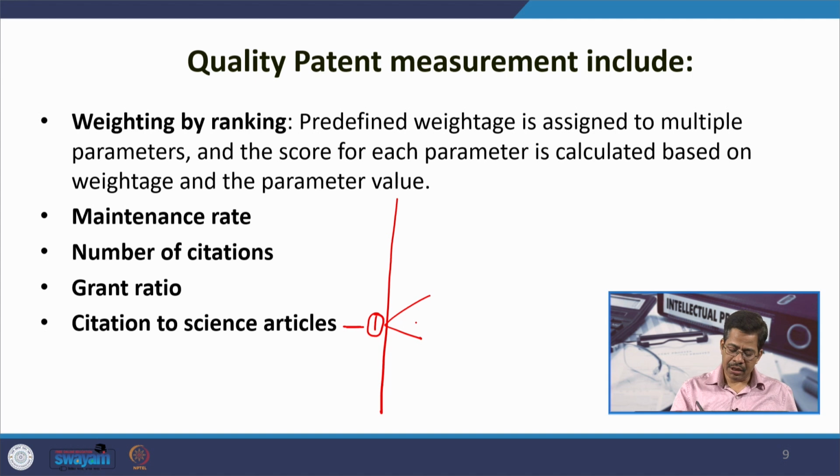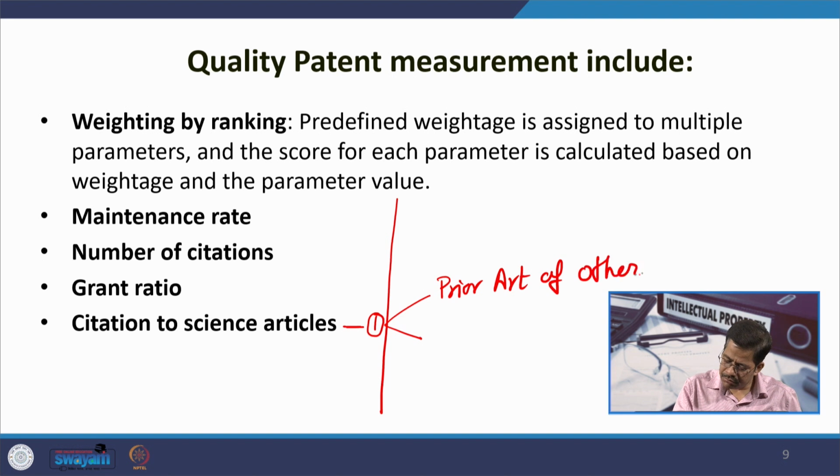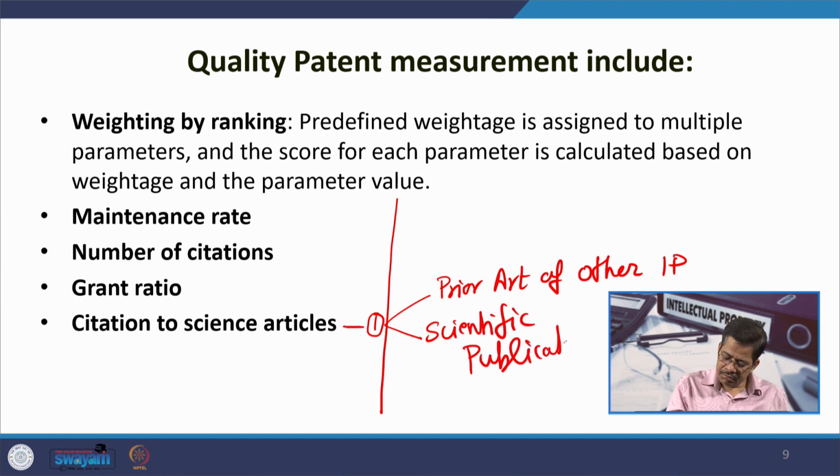Your IP is cited in others' IP, it becomes a prior art of any other IP. Or your IP is cited in a scientific publication. So, these are the ways, which is the first measure of the quality of your IP.